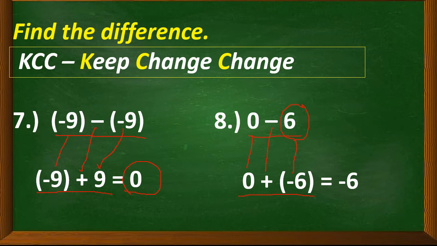So 0 plus negative 6. Unlike signs, subtract, of course, 6 minus 0 is 6. And we have to copy the sign of negative 6, which is negative because negative 6 has greater absolute value than 0. That is why our answer is negative 6.